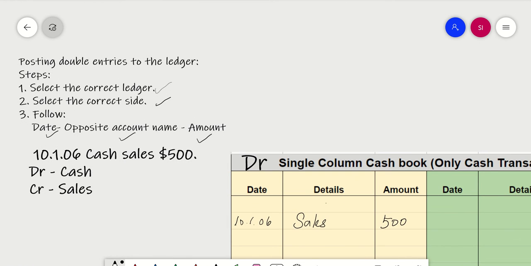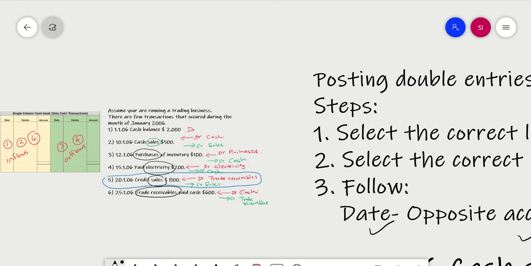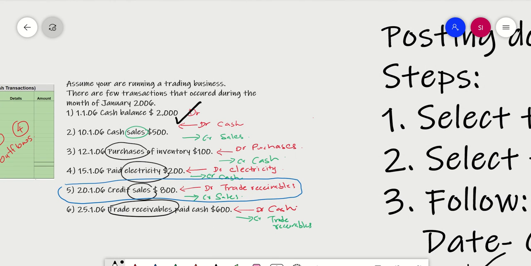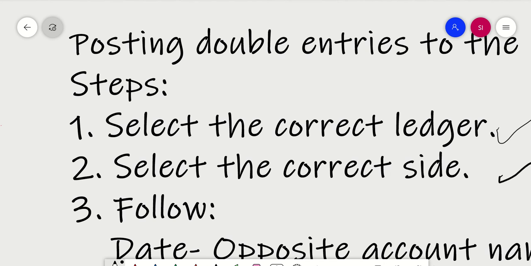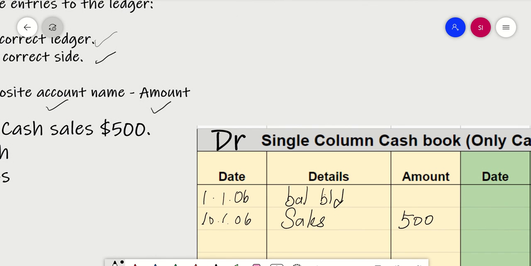If we look at the previous transactions on this date, whenever you enter an opening balance, you enter it as balance brought down. As per the question, you had an opening balance of 2000, so you enter that amount in your cash book, which is 2000.